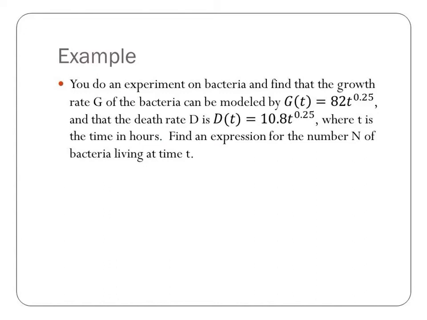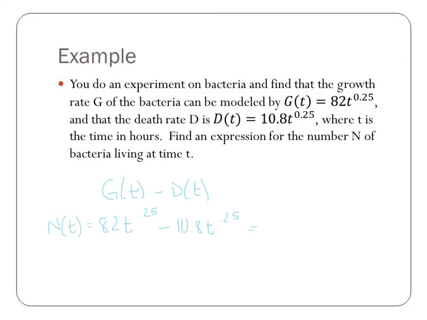So to find how many bacteria are living, we're going to have to take the growth rate and subtract the death rate, and that should be how many that's left. So very nicely, this is 82t to the 0.25 minus 10.8 t to the 0.25, and you could call this n of t.